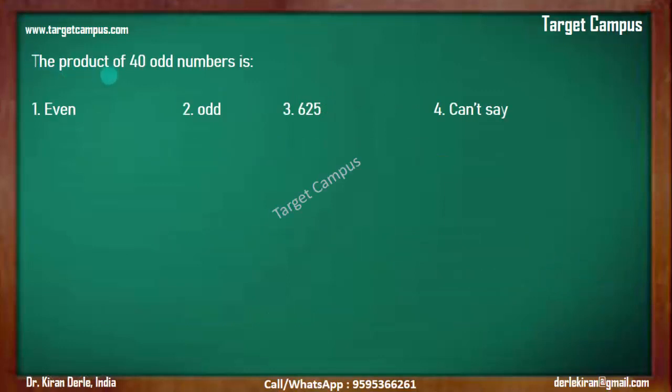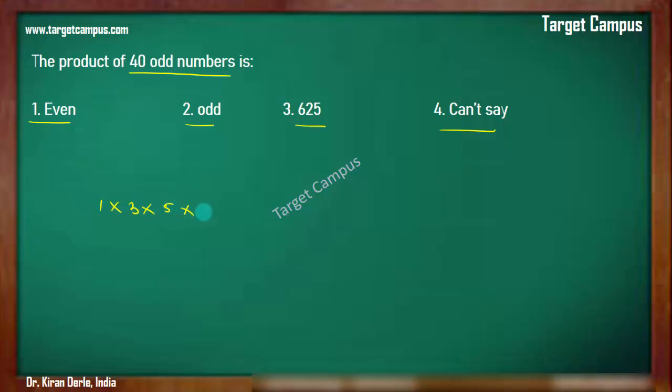The product of 40 odd numbers is, what is that product? Even, odd, 625, or can't say. See, product of 40 odd numbers. So 1 into 3, or they can be anything, 5, 7, 13, whatever it is.